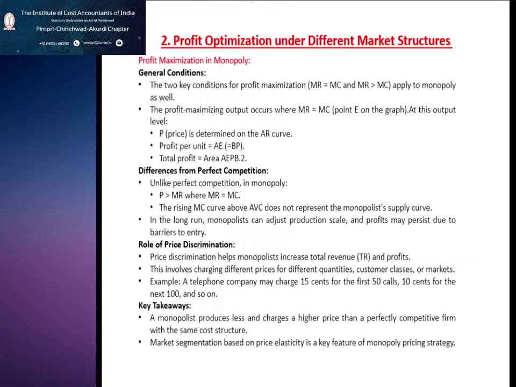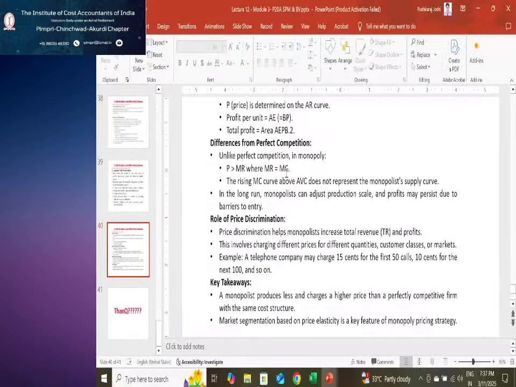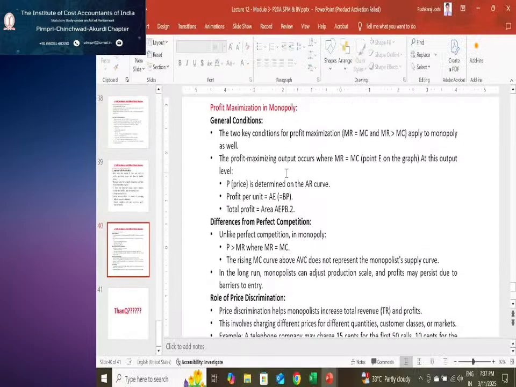So the last slide in this concept would be profit maximization in monopoly. So how can profit maximization in monopoly be achieved? Let's understand that. The two key conditions for profit maximization, marginal revenue equal to marginal cost, and the marginal revenue slope being less than the marginal cost slope, apply to monopoly as well.